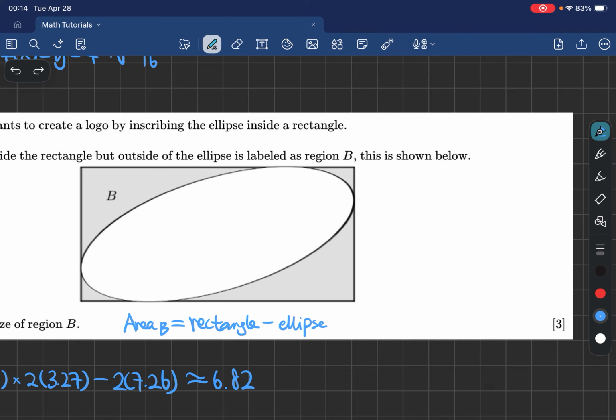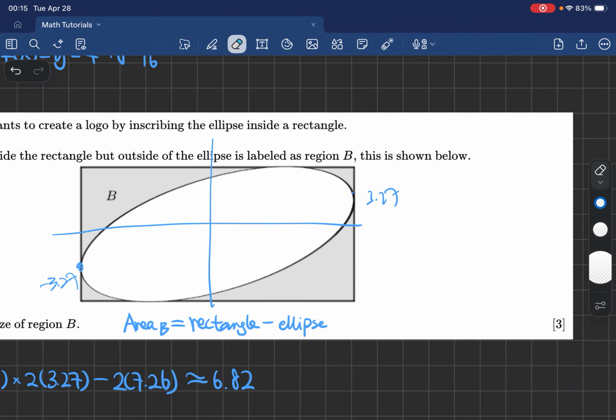The area of the rectangle is kind of straightforward, I would say. Remember we have the axis like this, right? That is what we got, x is negative 3.27, and here it's 3.27. So we already have the length as 2 times 3.27, right?